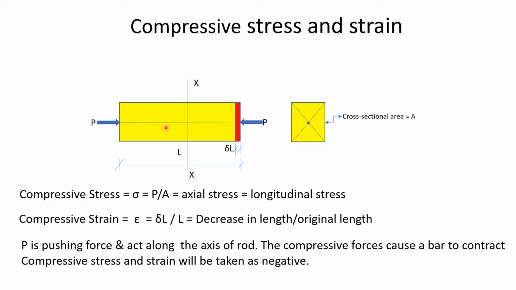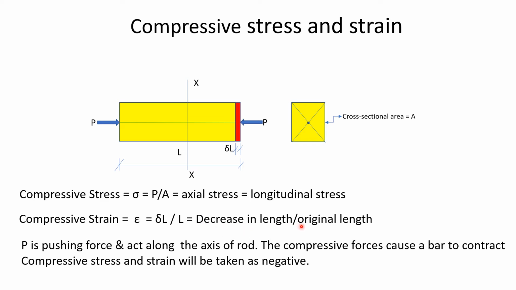Now the stress which is developed within the bar due to the compressive force will be compressive stress, and this stress is again P upon A. Now this is also acting along the axis, so it can be called axial stress. It is acting along the longitudinal axis, so it can also be called longitudinal stress. Now the strain which is developed here is compressive in nature. Here there is a decrease in length.